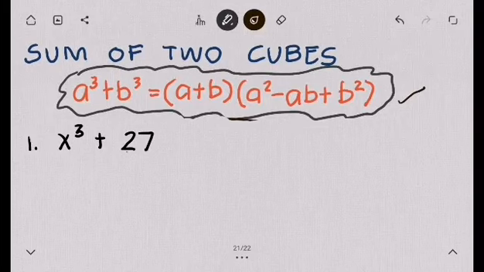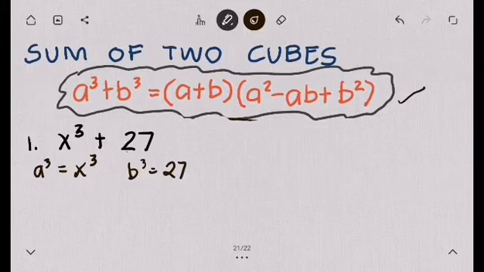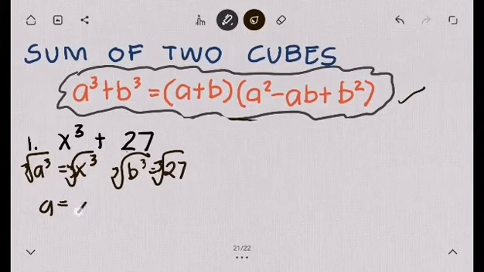So, yung unang example, pareha silang perfect cube na term. So, ang ating a cube ay represented ng x cube. So, ang b cube natin ay 27. So, kunin natin yung cube root. Okay, ang a natin ay x at ang b natin in this case ay 3.